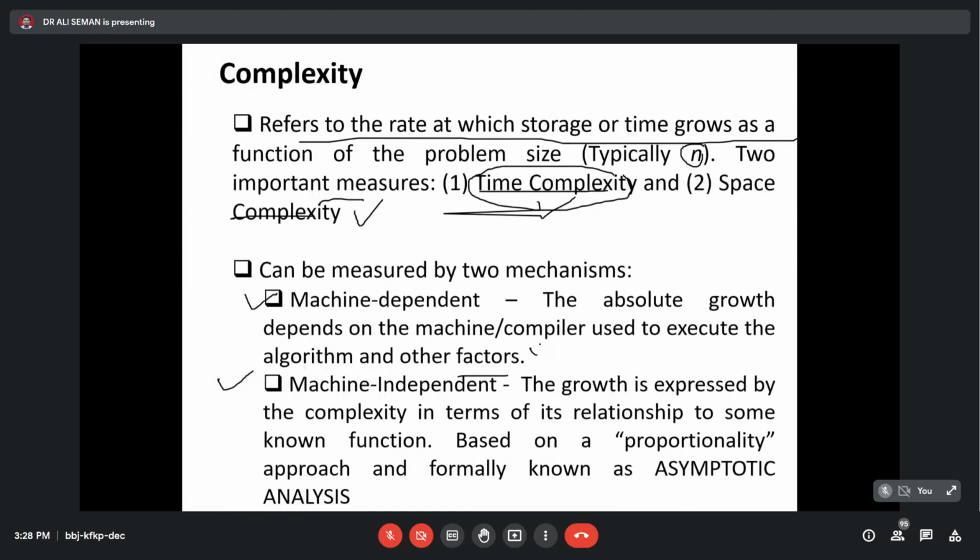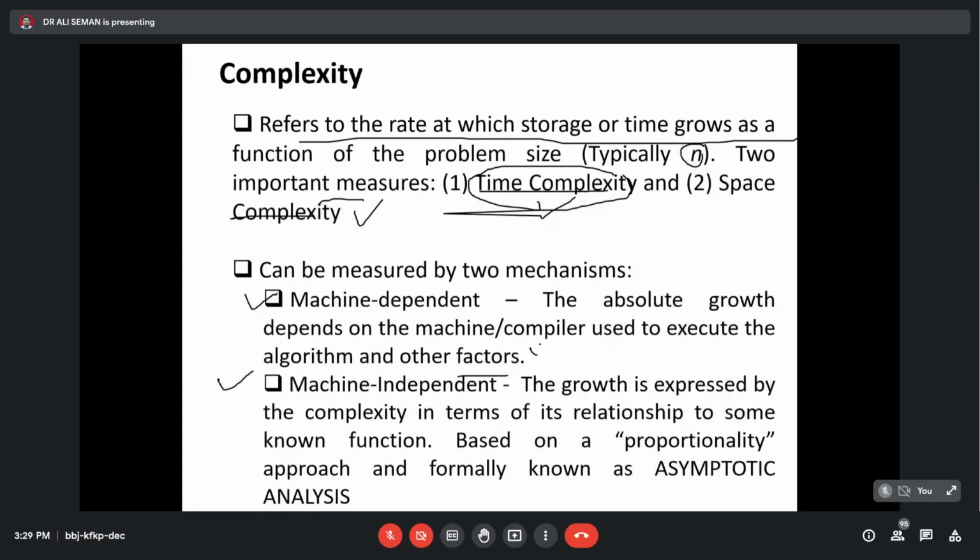In simplest words, this mechanism depends on the machine, on the computer. It is empirical analysis, where we need to write the program, use a certain machine and compiler, and conduct the experiment. We record the time. This is called machine dependent. This is how we can measure complexity based on empirical analysis. Don't get confused with it.